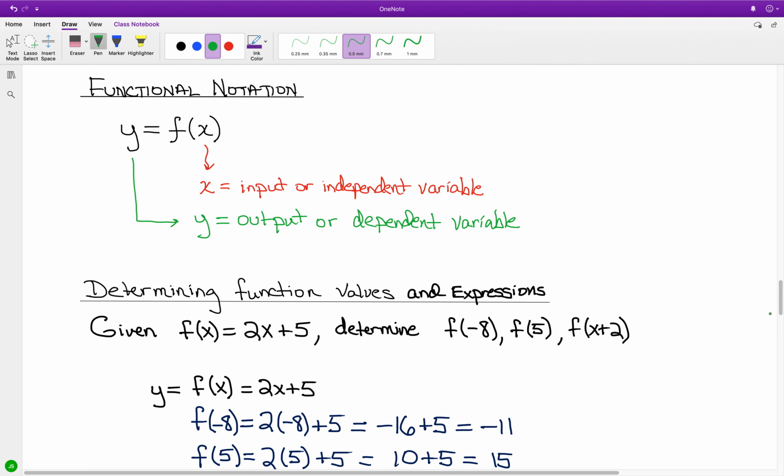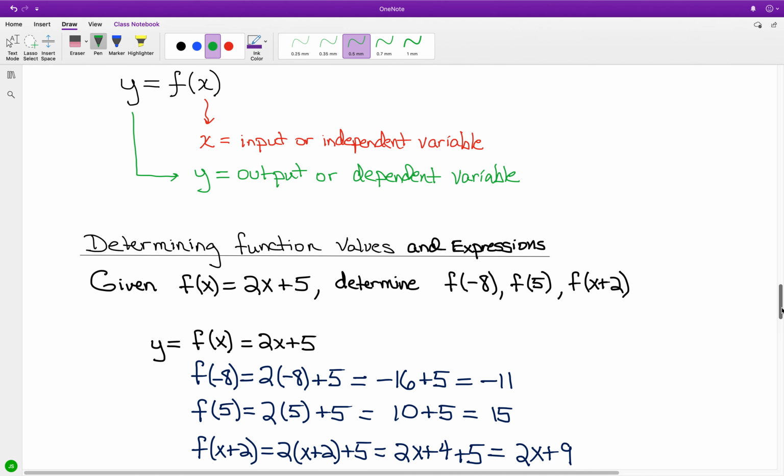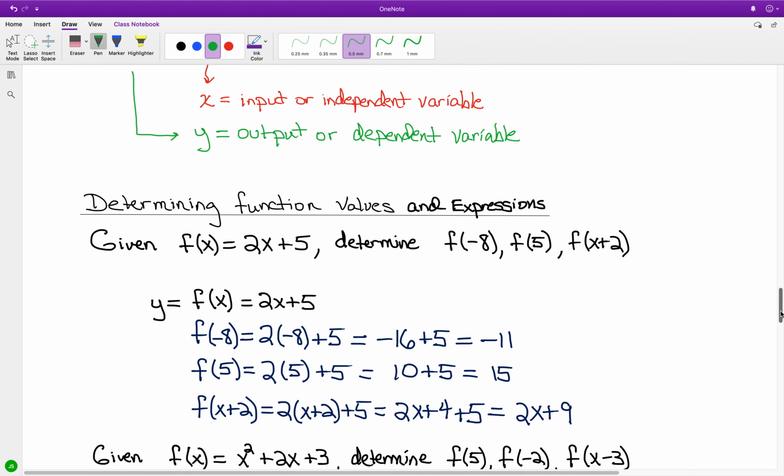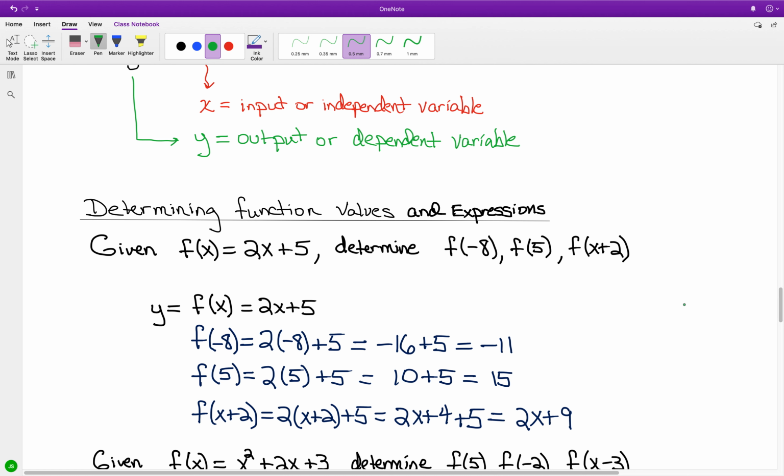Now, for defining function values and expressions, we have f of x is equal to 2x plus 5. If we were to determine f of negative 8, f of 5, and f of x plus 2, we have a linear function, so for y is equal to f of x, you have f of the input is equal to 2 times the input plus 5.